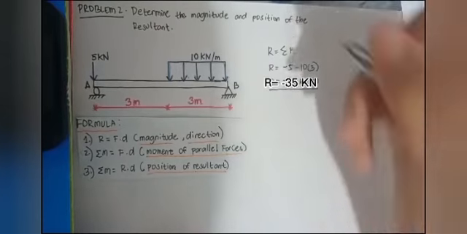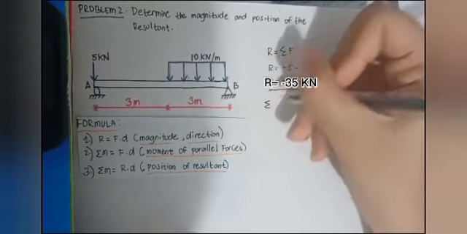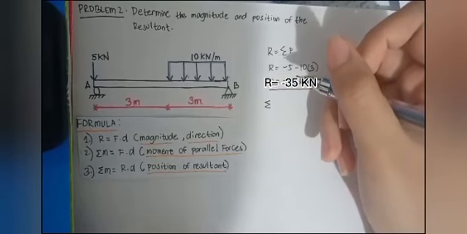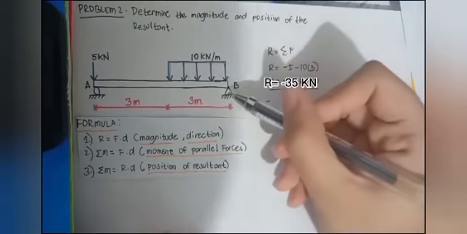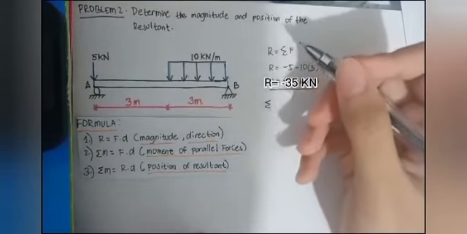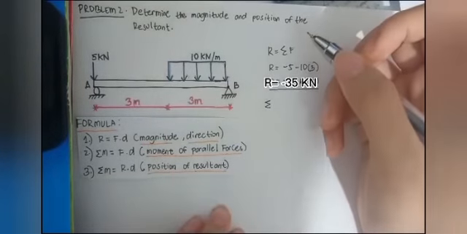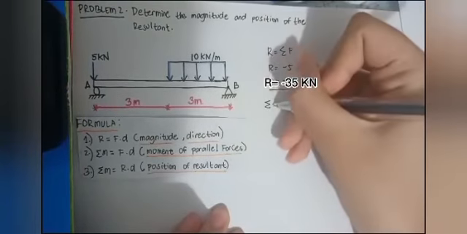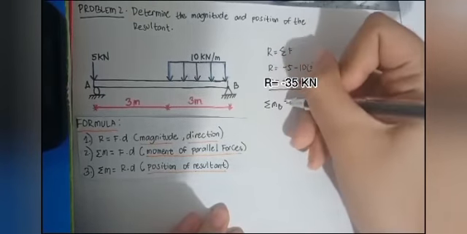Next, we will solve for the moment. Same as problem 1 that we solved a while ago, but now we will have the moment from B, right here at the hinge. Here we will start from 5 kilonewtons. Wait, let me write the formula first.